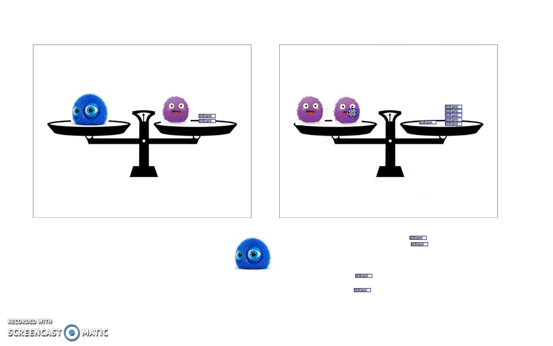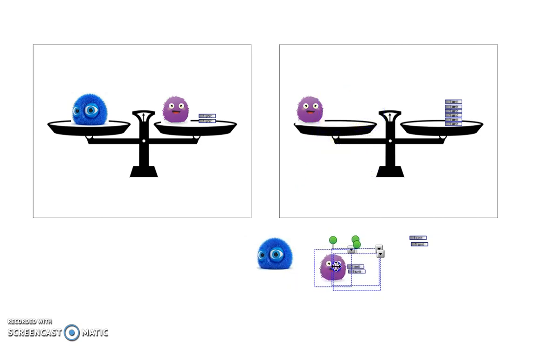And now I have 2. I can divide this into 2 stacks, and we have 6 here. So I divide by 2, and each of them weighs 3. Okay, so if I know something, I can replace that something with what I know about it. Right? I knew that this guy equals this one plus 2, so I could replace him. All right? So this is what that looks like in algebra.